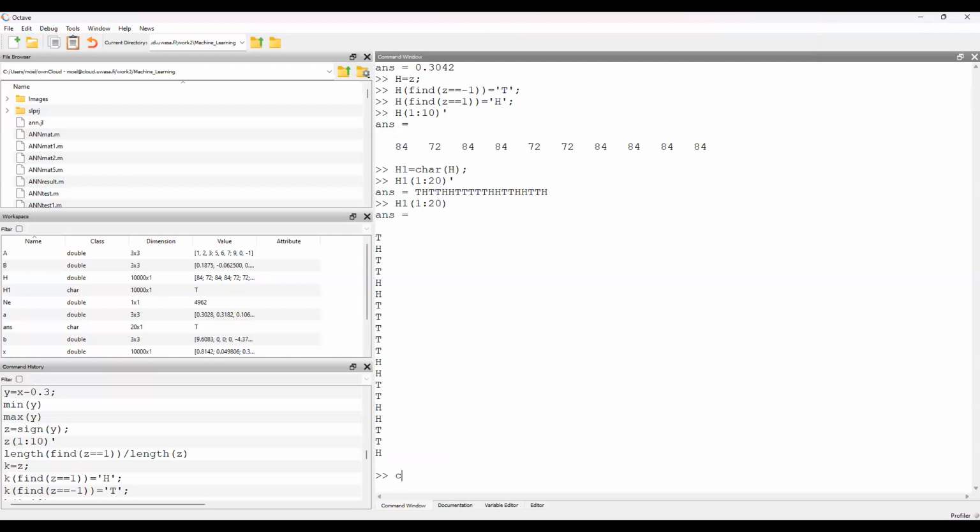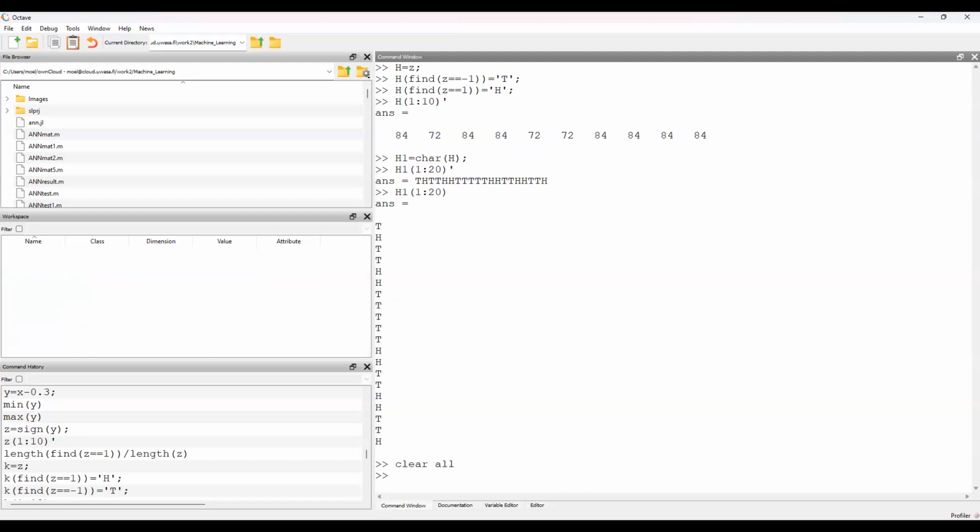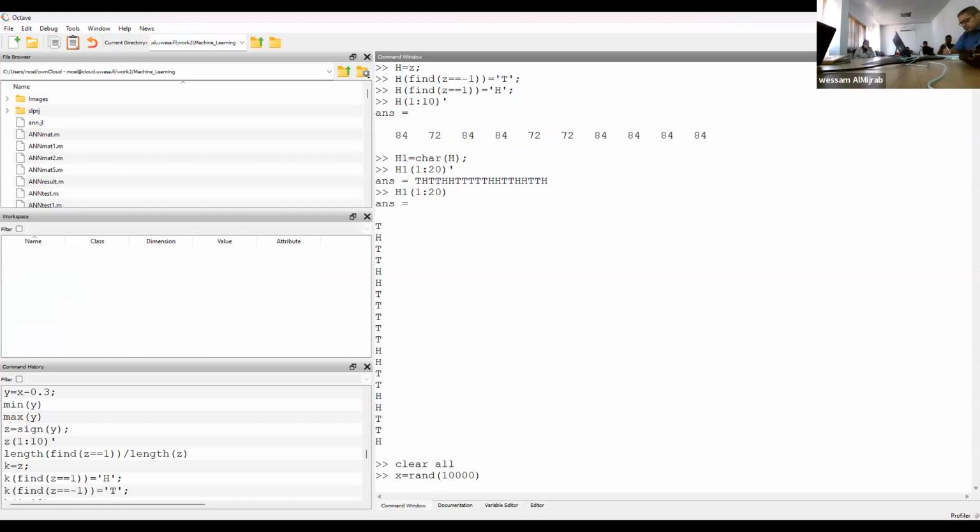If you want to clean from the beginning, you can just clear all, which will erase everything in Octave, and you start again. Now I will generate the same way, X equal to random, but here I will generate 10,000 rows, with 3 coins.